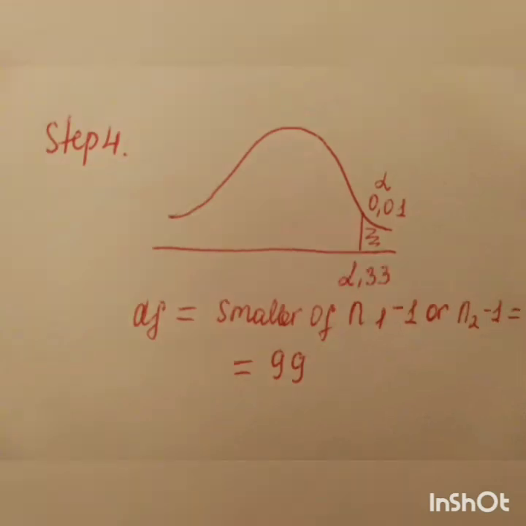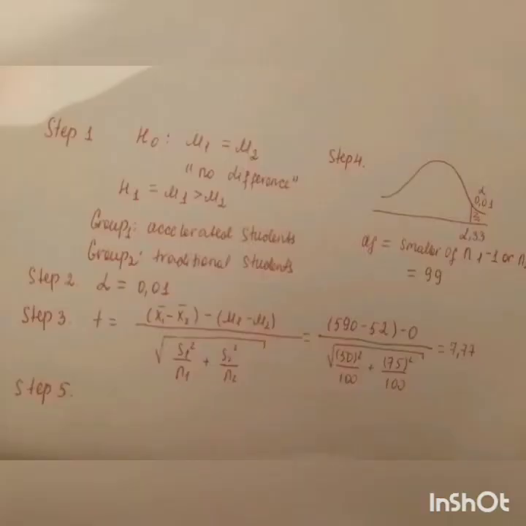By looking at the t-table at 99 degrees of freedom, we determine the critical value to be 2.33. Our test statistic of 7.77 falls in the rejection region, so we reject the null hypothesis.